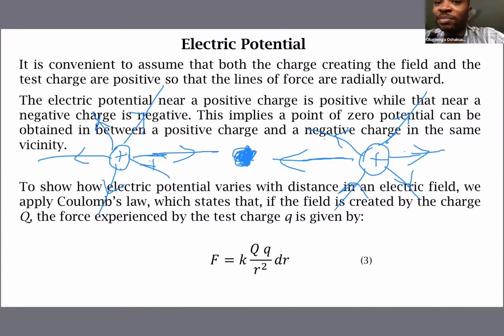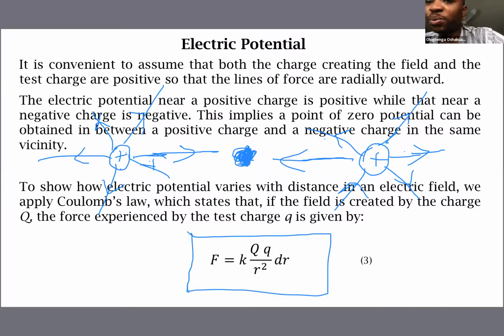To show that electric potential varies with distance in an electric field, we can apply Coulomb's law. This is Coulomb's law, which says that if the field is created by the charge Q, the force experienced by the test charge is given by the following.